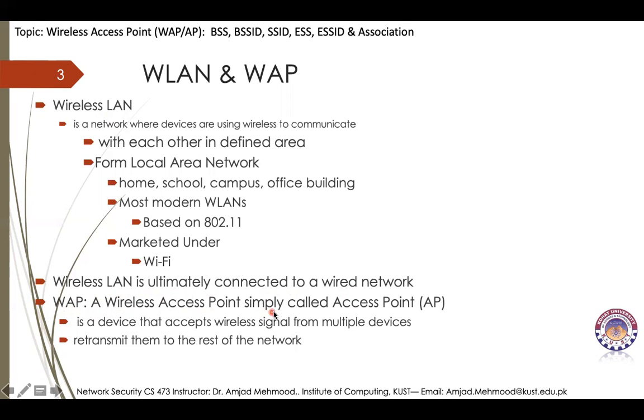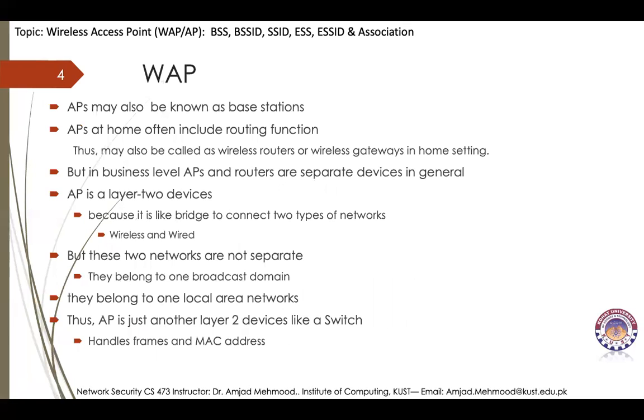A wireless access point, simply called access point or AP, is a device that accepts wireless signals from multiple devices and retransmits them to the rest of the network. So what is the job of an access point? An access point gets signals and retransmits them in a defined range for connecting different kinds of devices.